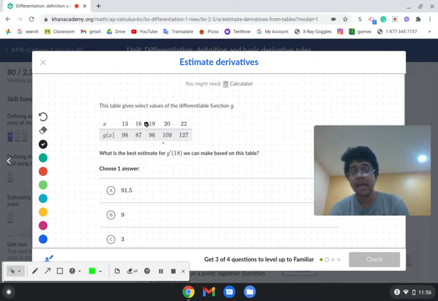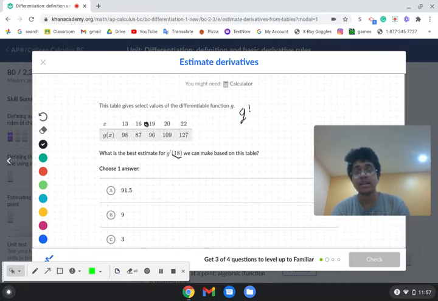So to estimate that, we would find the slope using the points when x is 16 and when x is 19, because that would be in the correct range for x equals 18, and it would be a really good way to estimate what g prime of 18 is.